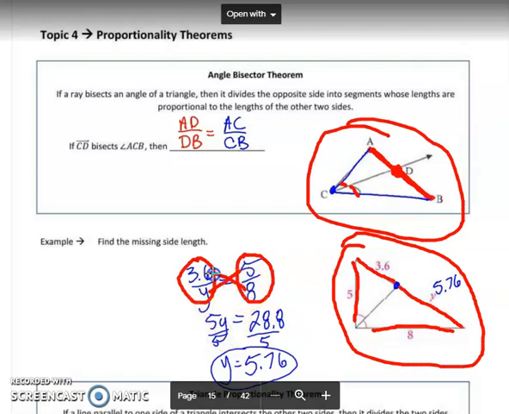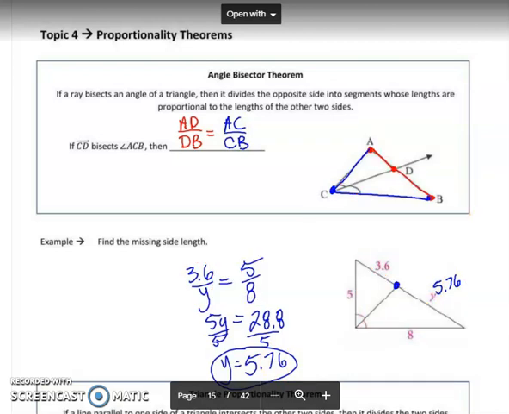When I do 8, I should have 8 times 3.6. I should get 28.8. However you decide to set it up, it should still lead you to 5y equals 28.8. If it does not, then that's when you know that your setup would have been not accurate. When we go through and do that little solving, 5.76, so then that's our missing value.